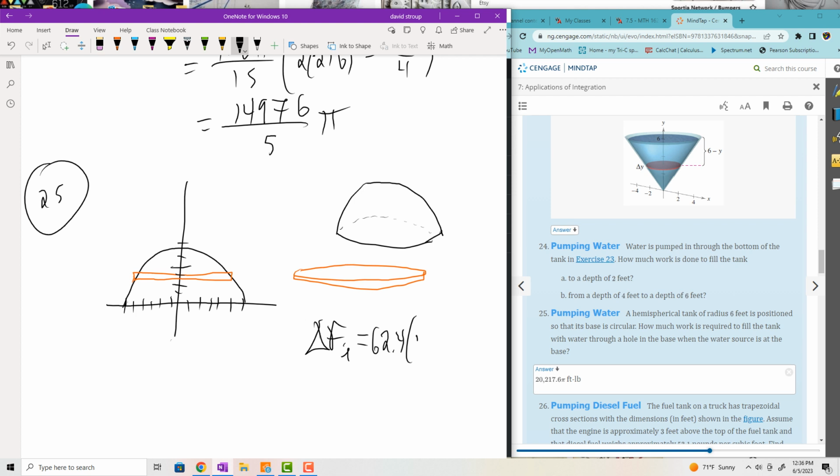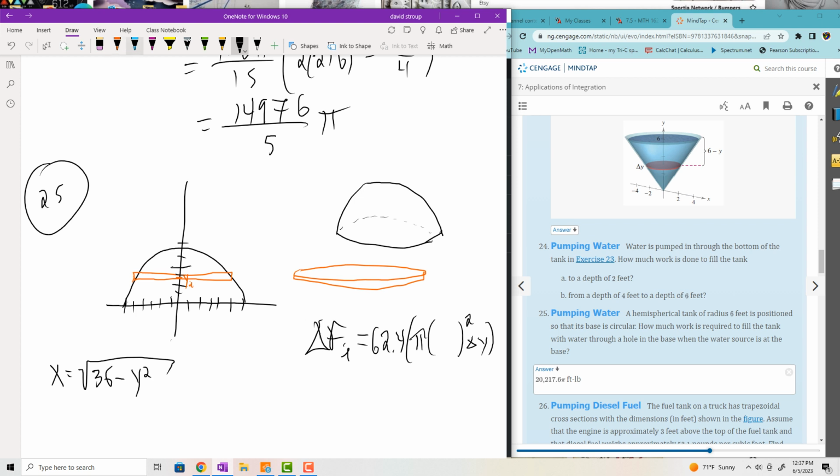So the volume, pi r squared h. So I need a formula for the radius, because it is variable; for any given position y sub i, it's going to change. So you need the formula for a circle of the upper hemisphere. In terms of y, that will be x equals the square root of 36 minus y squared.